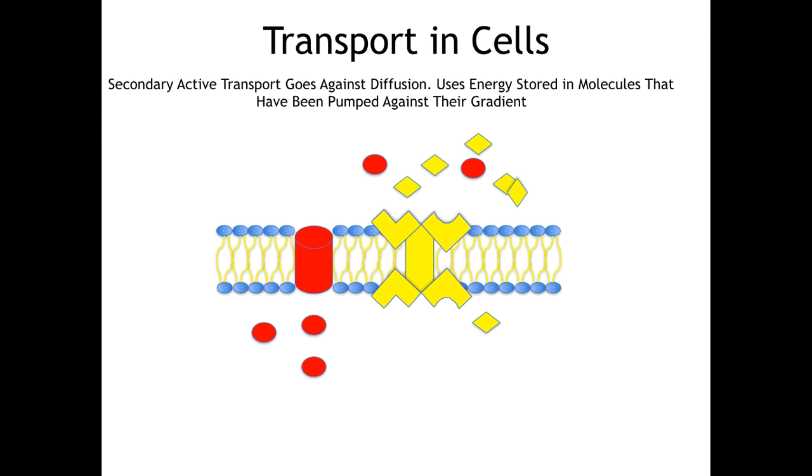You could use it to bring in glucose, you could use it to bring in calcium, you could use it to bring in hormones, anything like that. Once you've stored the energy in the sodium, it's very versatile. But you only need one primary active transport mechanism. You move the sodium across, and then you just have a whole bunch of symporters that all involve sodium.